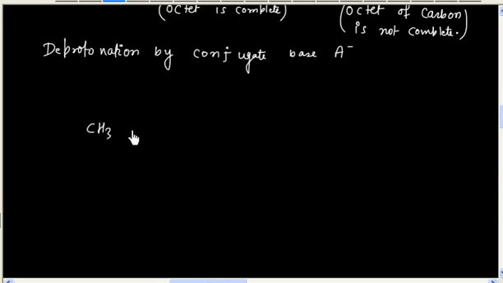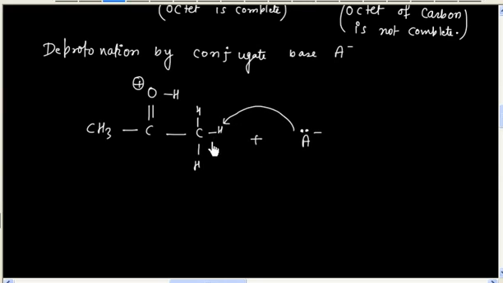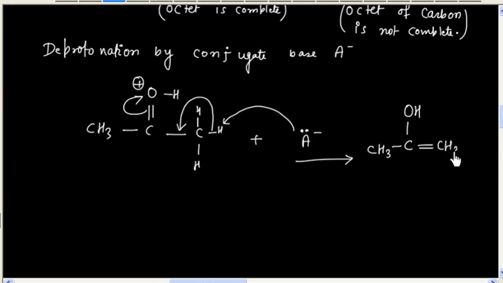So we have protonated keto form and we have conjugate base A minus. It can take a proton from here. At the same time, this bond can shift this side and this bond can shift this side. So we will have enol form. So this is enol.